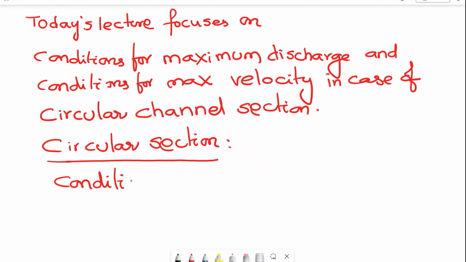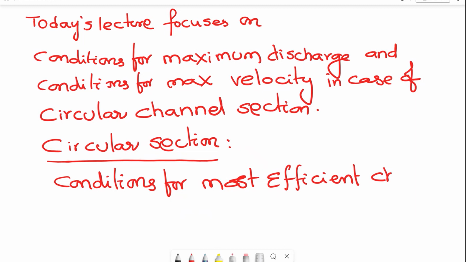Conditions for most efficient channel section.